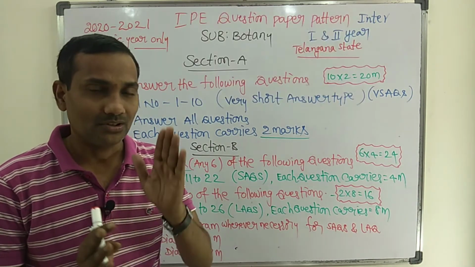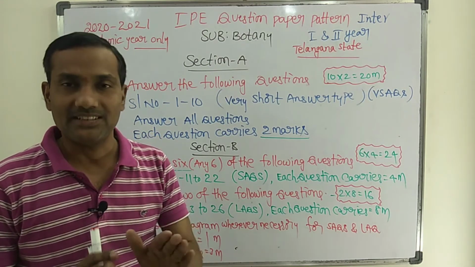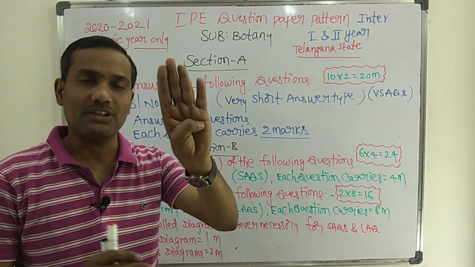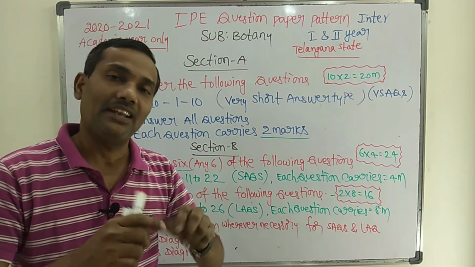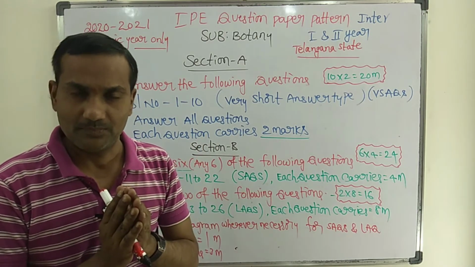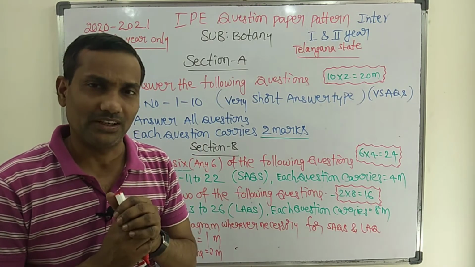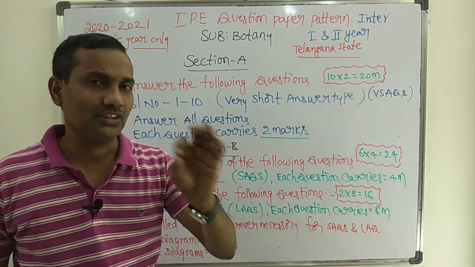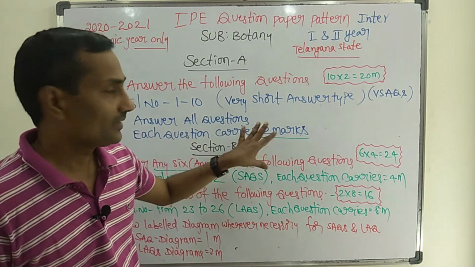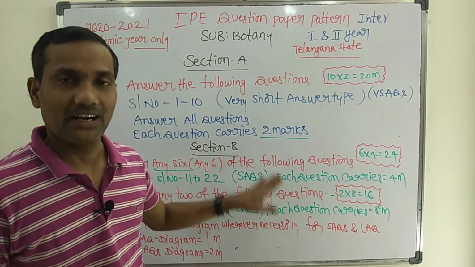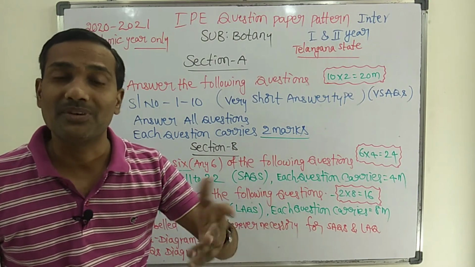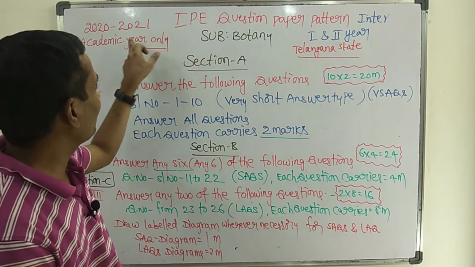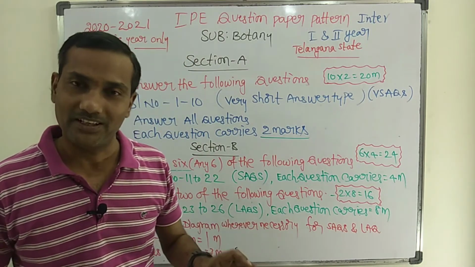You can write any 2 questions. The choice is given only for section B and section C, 50% choice, only for the 2020-21 academic year.